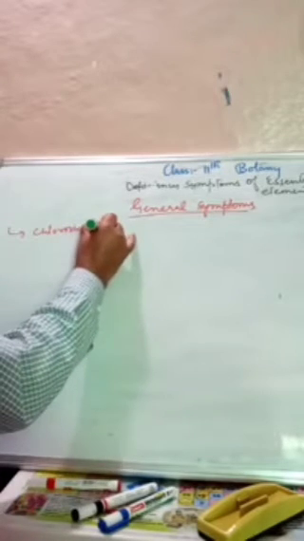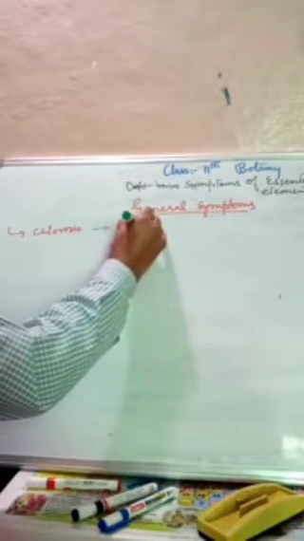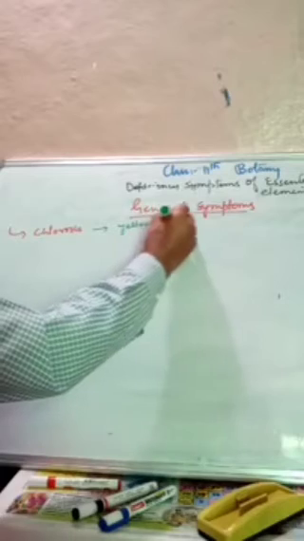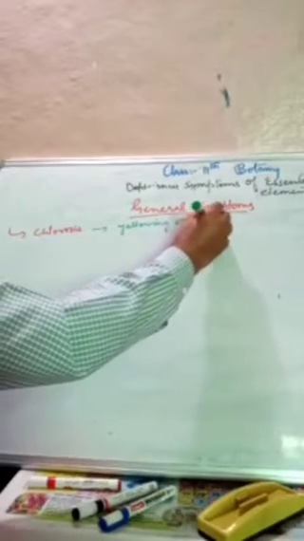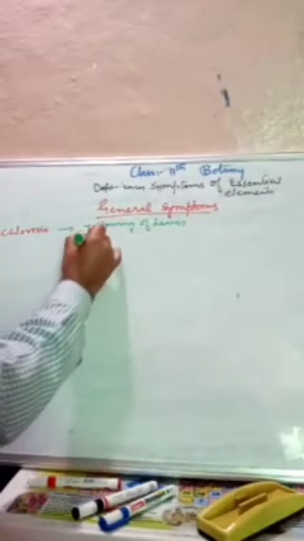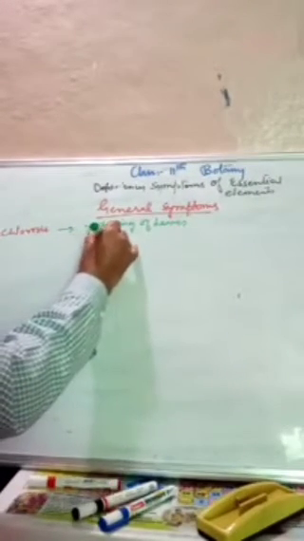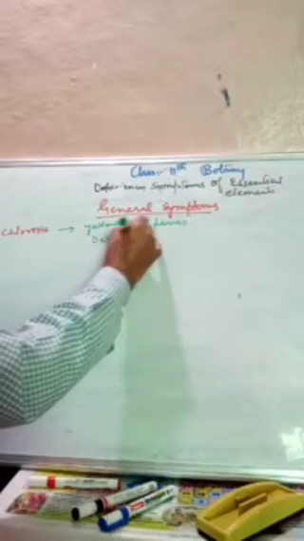इसमें हम क्या देखते हैं? प्लांट जो होता है इसमें कौन सी डिफिशियंसी हो जाती है? There is the yellowing of leaves. That is, no chlorophyll formation takes place, and this chlorosis takes place due to the deficiency of various elements. What are the various elements by which deficiency takes place?